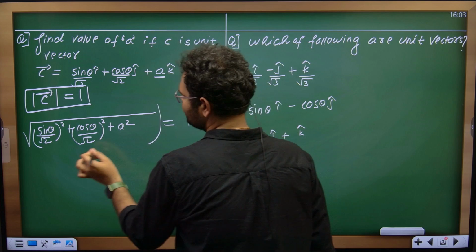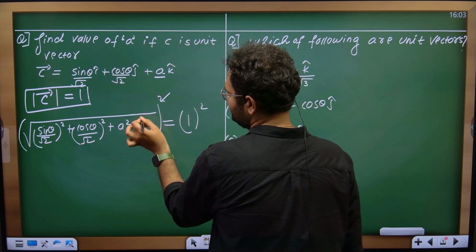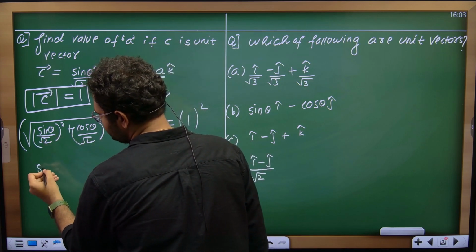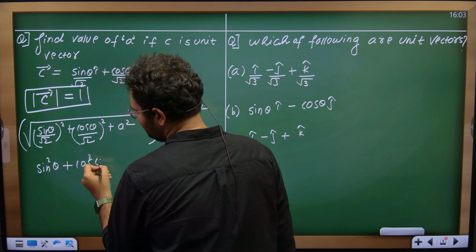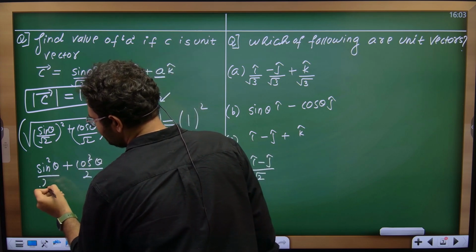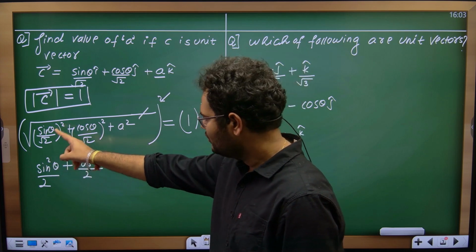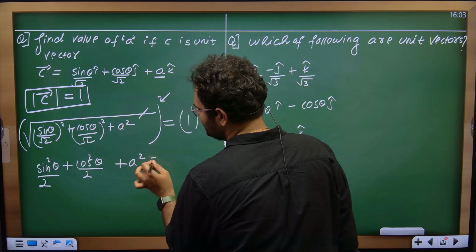What we do, we square both the sides. So this root will be cancelled anyway, and this root 2, how am I writing? Let's have a look. Sine square theta plus cos square theta divided by 2. Why, sir? Because the root is cancelled because of the square. Plus a square must be equal to 1.